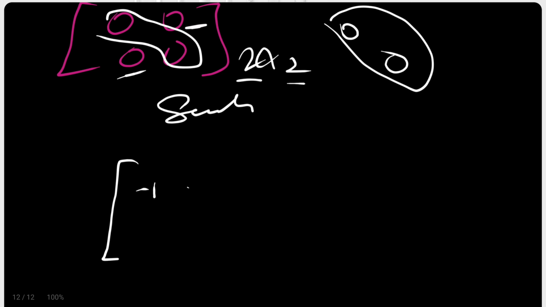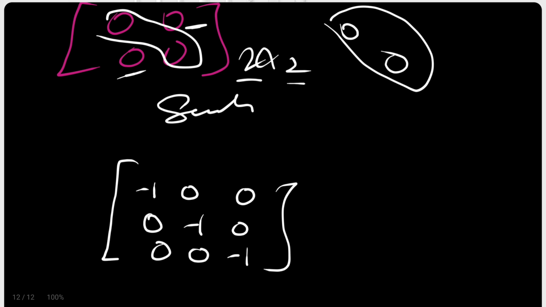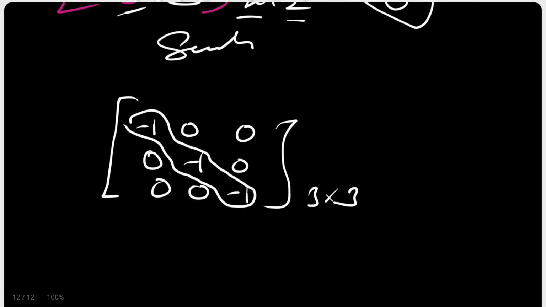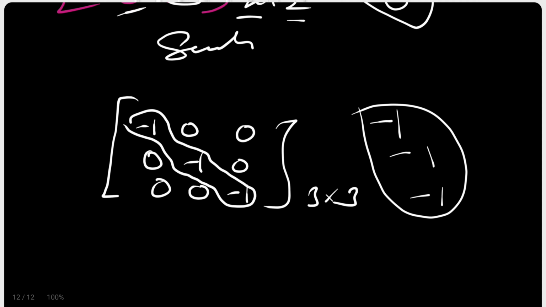Suppose this is -1 0 0, 0 -1 0, 0 0 -1. This is a 3 cross 3 matrix, and the diagonals are totally -1 -1 -1. The diagonal is the same, and the non-diagonals are all zeros. It means that it is our scalar matrix.